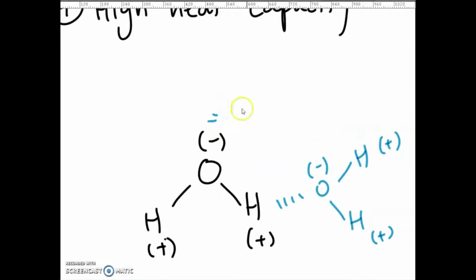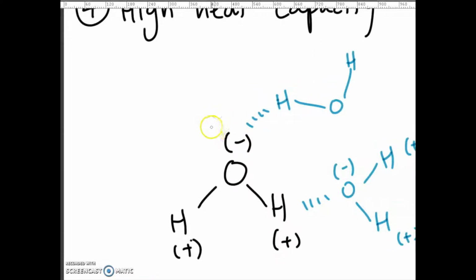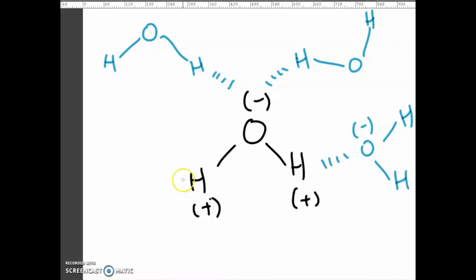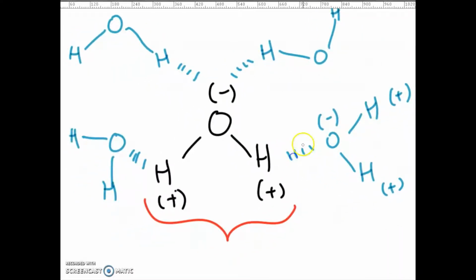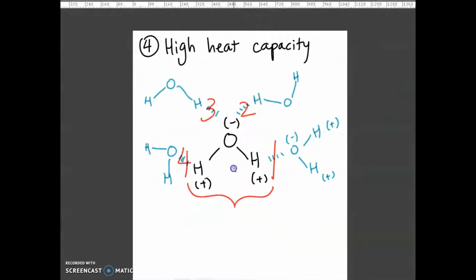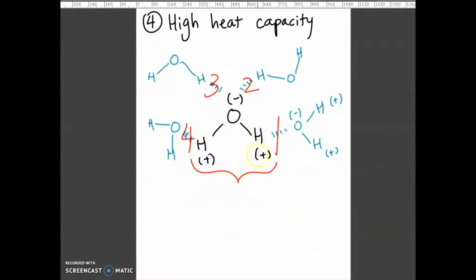Because it can do this, it's going to be very strong. It has a lot of interactions. So if you want to remove one from the rest, if you want to take this and extract only this, you're going to have to break 1, 2, 3, 4 different bonds in order to separate this one out.